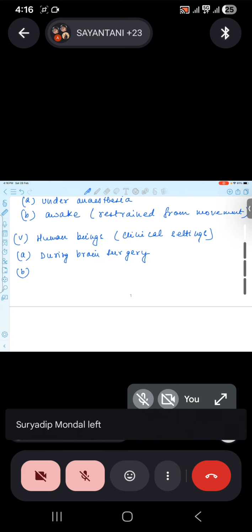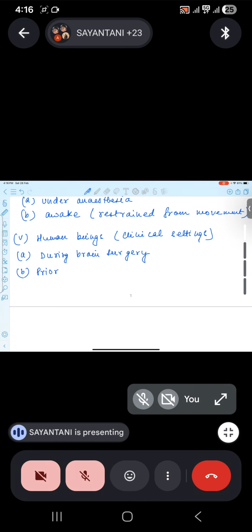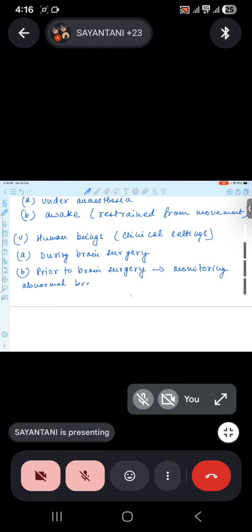And the second scenario is that prior to brain surgery, the invasive technique can be performed for monitoring any kind of abnormal brain activity, which can be like seizures.